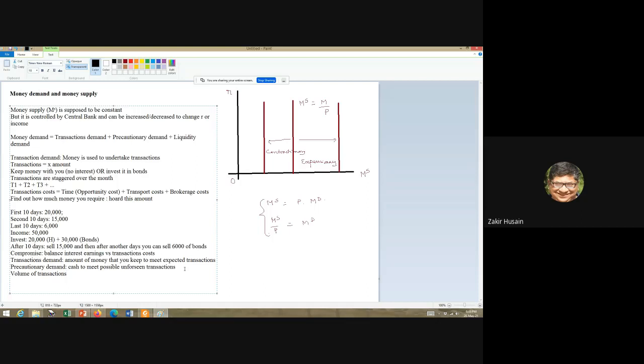If you expect to pay a huge amount, then you are going to hold a large amount of your wealth in the form of cash. So the volume of transactions is an important determinant of your transaction demand.